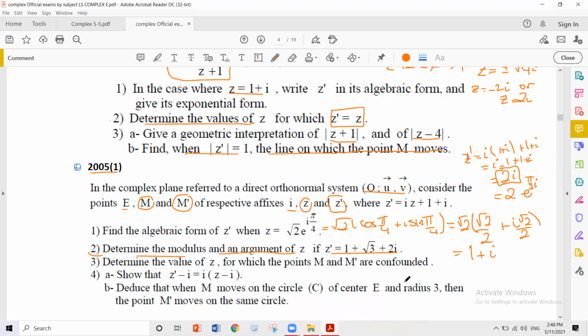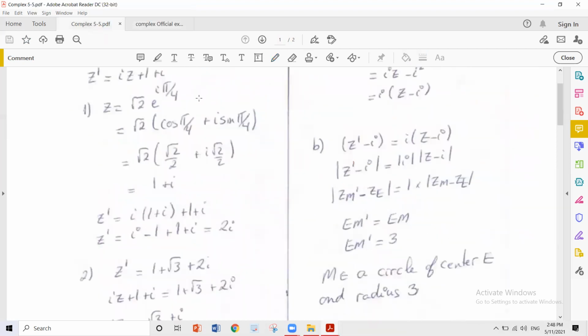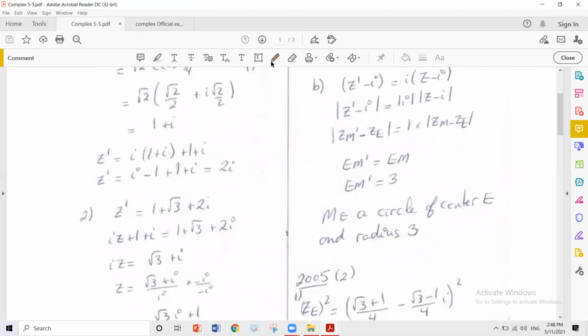We put it in the equation. So z prime is iz plus 1 plus I, equal to 1 plus radical 3 plus 2i.